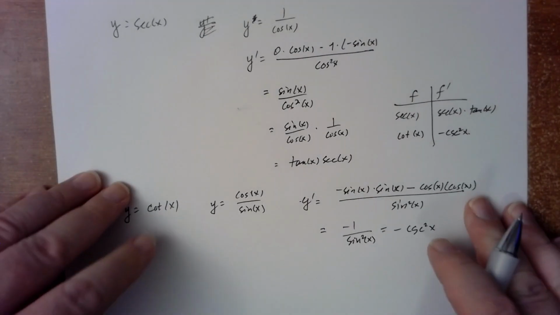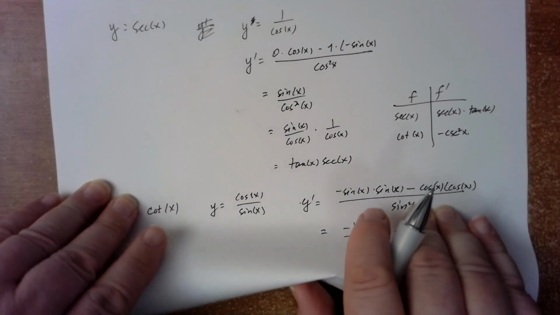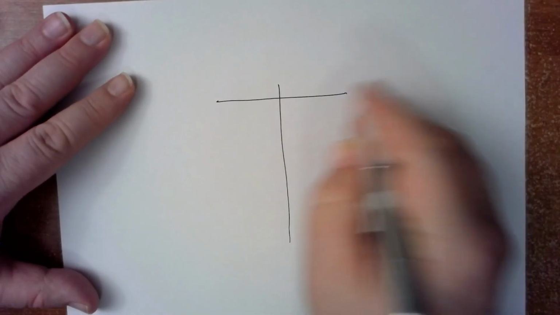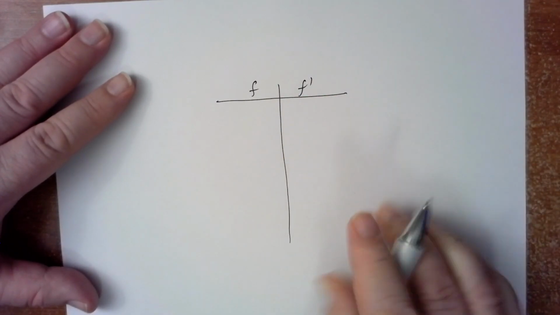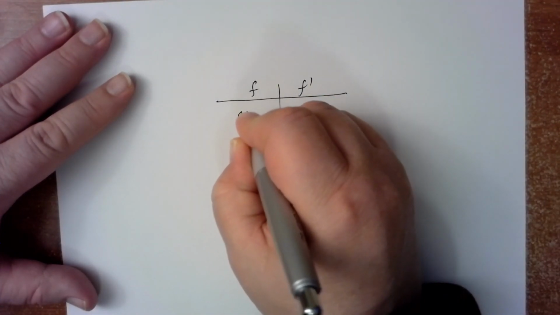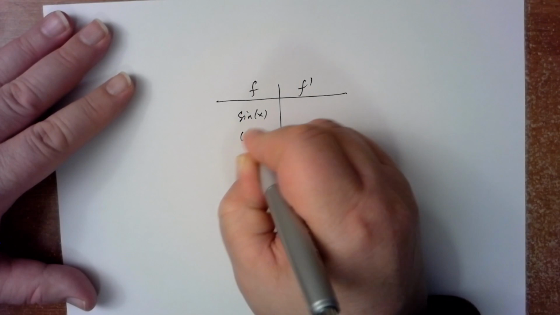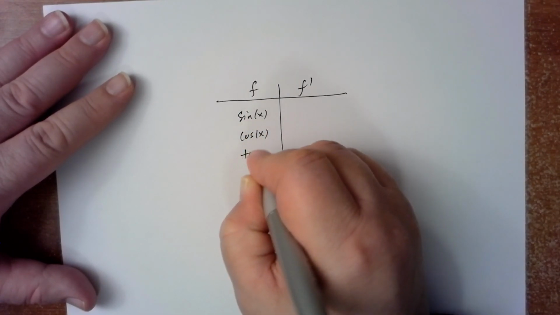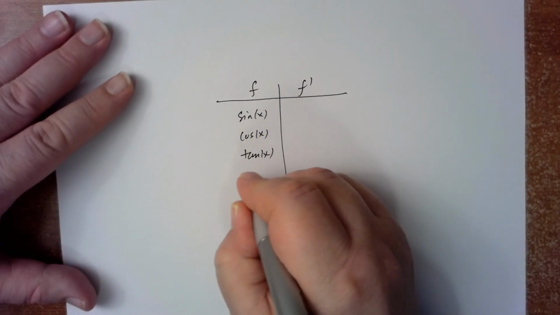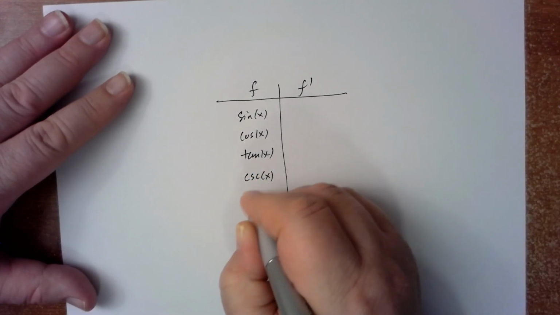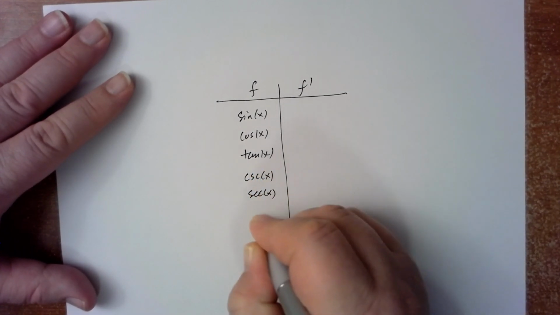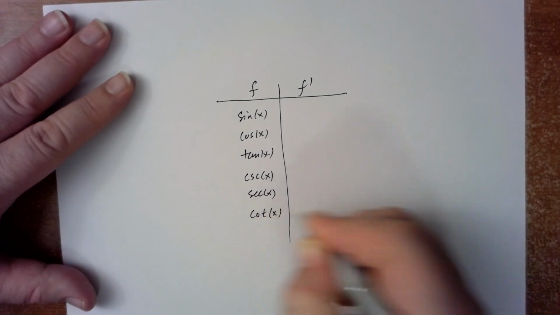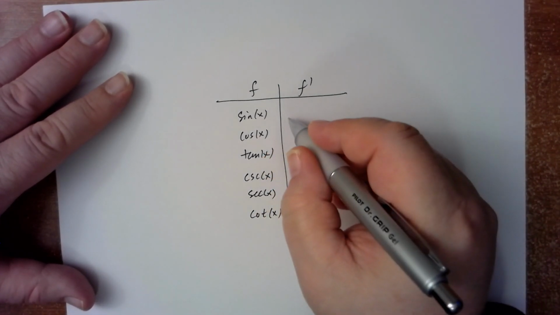Good. So one last thing before we go here, and let's just take a look at our table of derivatives all together now. So this is really what we were building, right? So let's just go ahead and write them down here. F prime. Good, so we have sine, cosine, tangent, and then we have our cosecant, our secant, and our cotangent. Okay, so the derivative of sine is cosine.